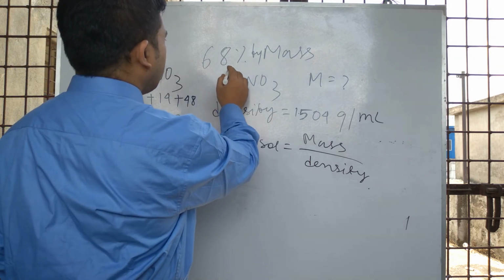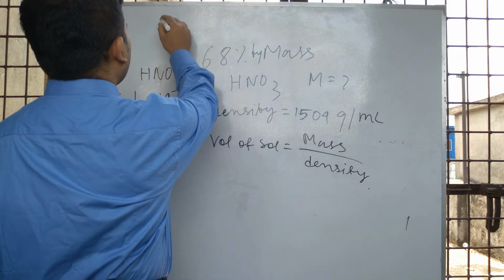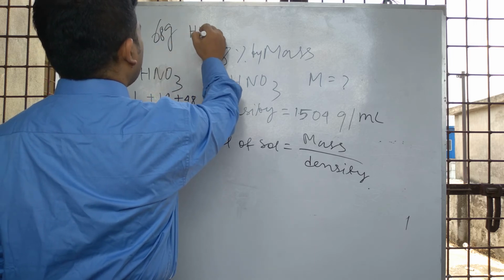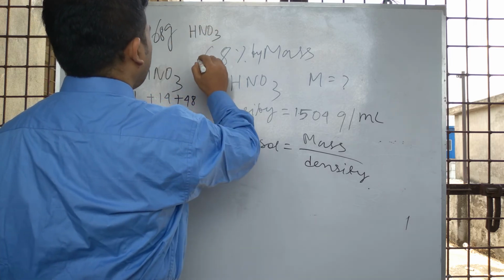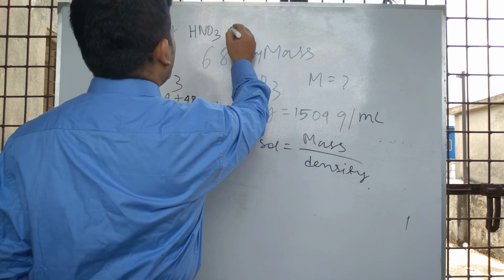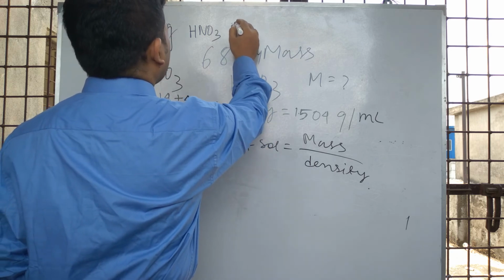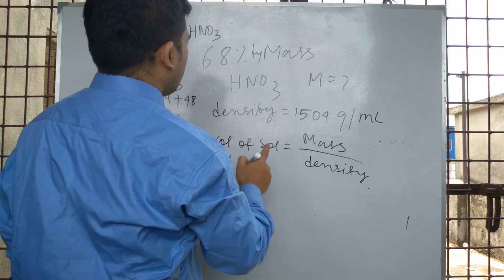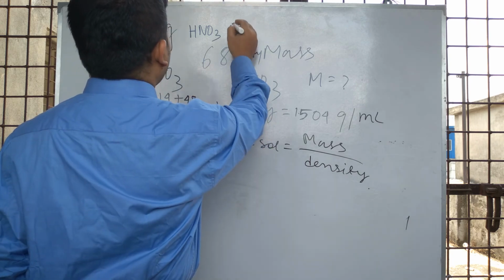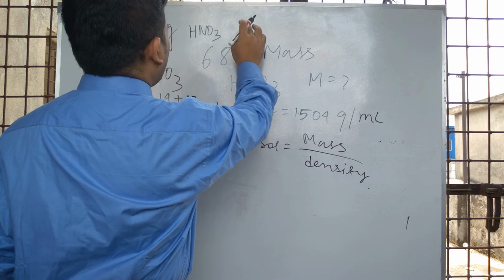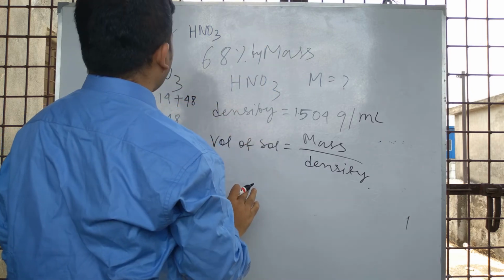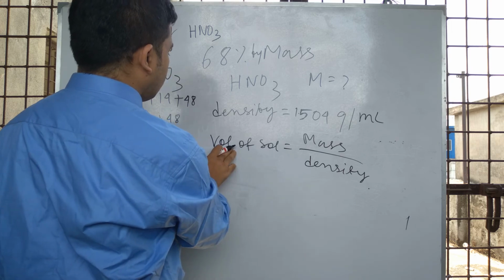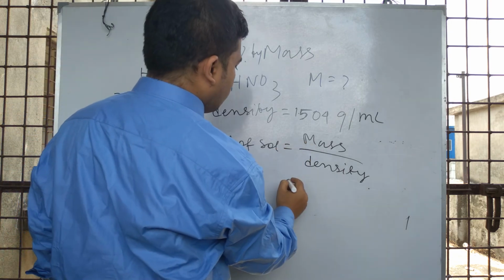Here you are seeing that 68% by mass means 68 gram nitric acid is present in the total mass of the solution.